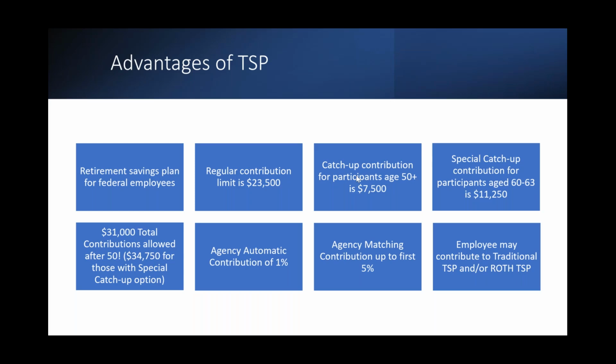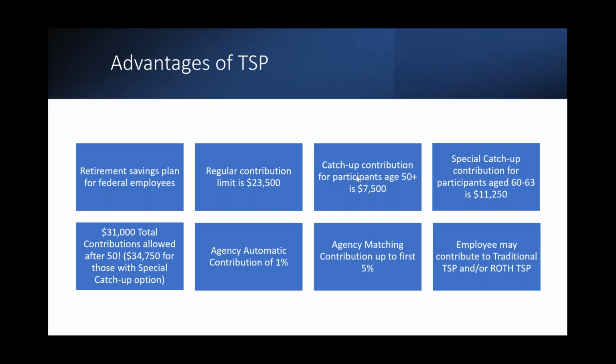Now, I want to make sure I'm clear, because a lot of people get confused on this. It is not $23,500 in traditional and $23,500 in Roth. It is a cumulative amount of $23,500 completely, meaning you could have some Roth, you could have some traditional, but it's $23,500 total, no matter what combination you have.